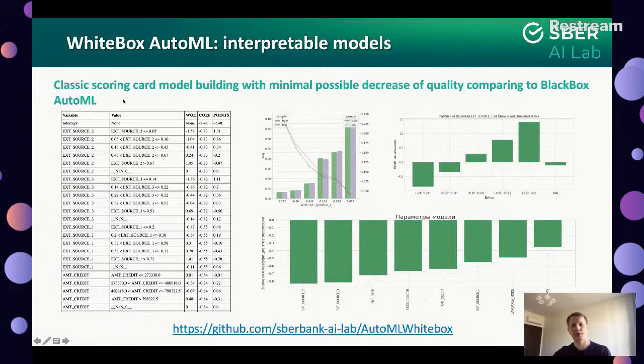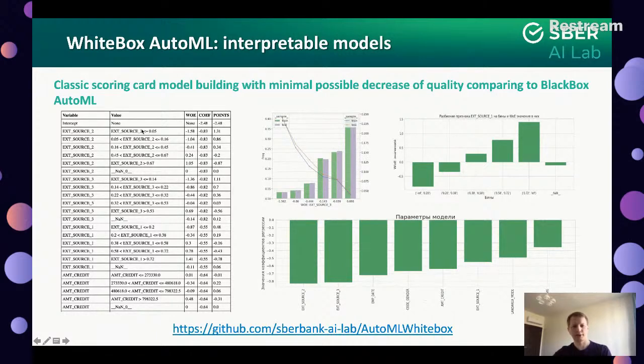So if you have this scoring card, you don't need a computer, you don't need Python, you don't need anything except a calculator or the math in your mind, and you can create the prediction for each object just by summing the points for its features.